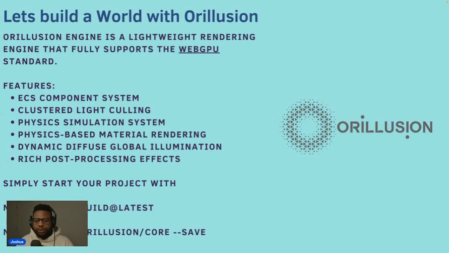So I actually stumbled upon a tool as I've been building out different concepts for 3D worlds and building games for the web. I stumbled upon Auralusion, which is a game engine that's lightweight and renders 3D models really quickly and efficiently, and it uses everything that has to do with the WebGPU standard edition. It has lots of features, and let's dive into that as well.